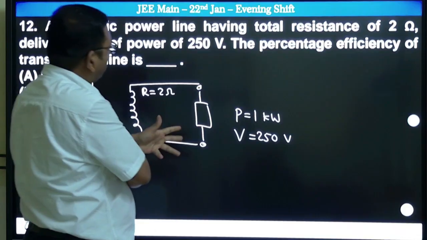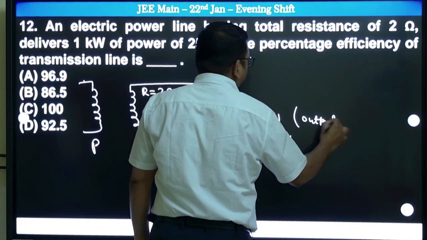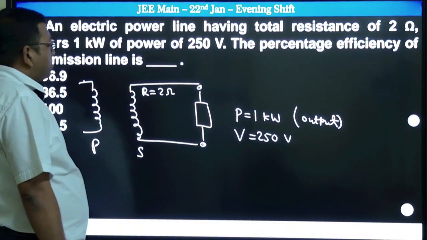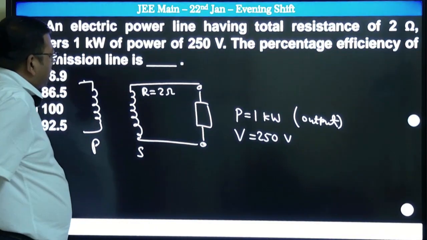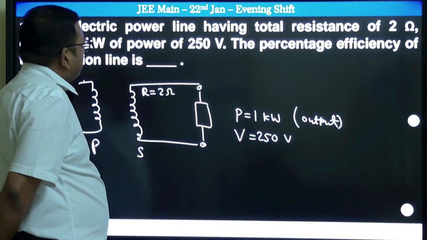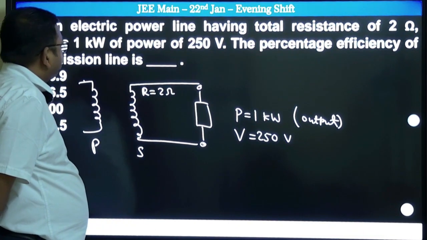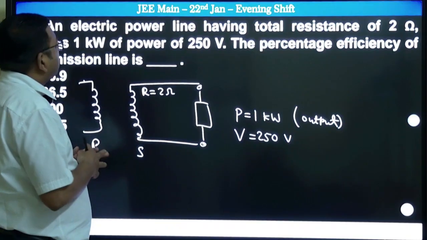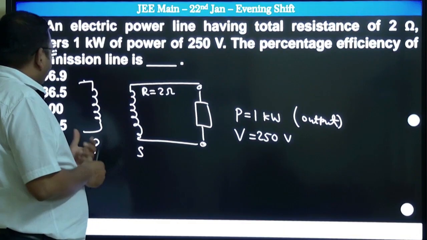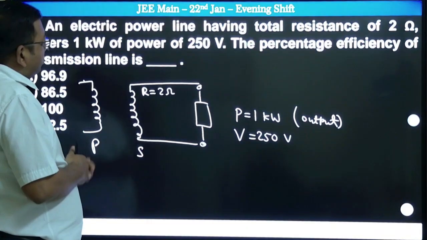This power is like the output power only. We need to calculate the input power. How do you calculate input power? Are they asking for the percentage efficiency of the transmission line, output by input, secondary to primary? What are they asking?